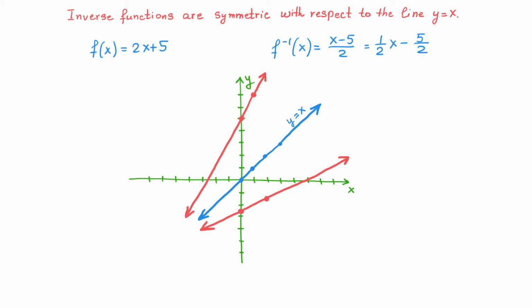If on one of the lines we have the point 0, 5, then across we will have the point 5, 0. And if on one line we have the point 2, negative 1.5, then across we will have the point negative 1.5, 2. So, as you see, to get a point on the other line, we have to interchange x and y.